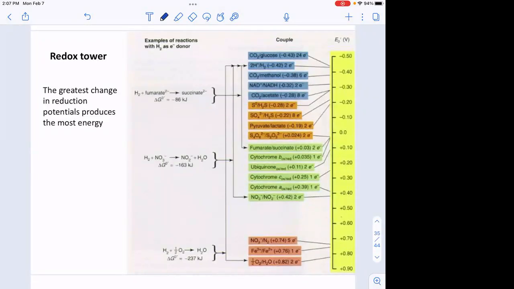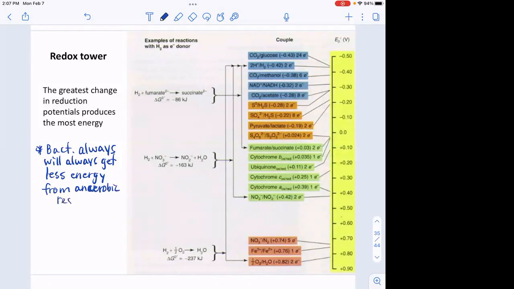The point I want to make, and I'll just tell you right off, is that bacteria are always going to get less energy from anaerobic respiration, compared to aerobic respiration.